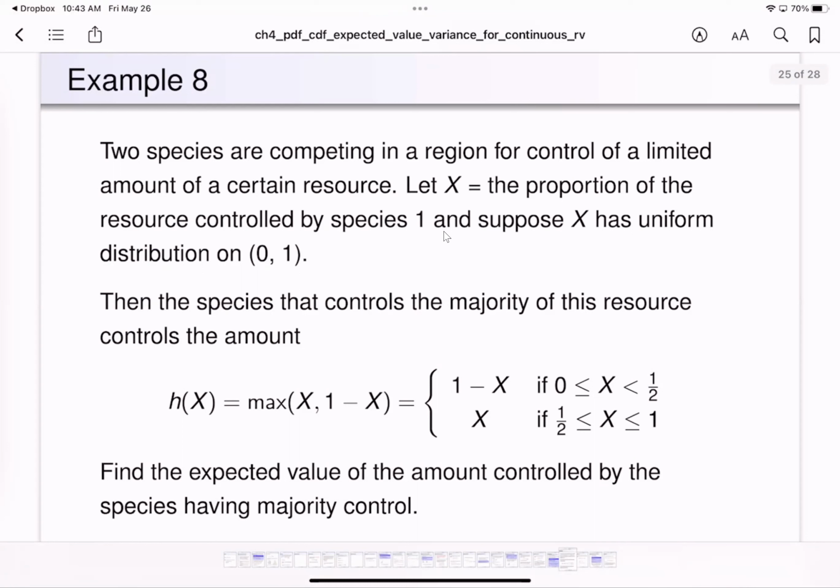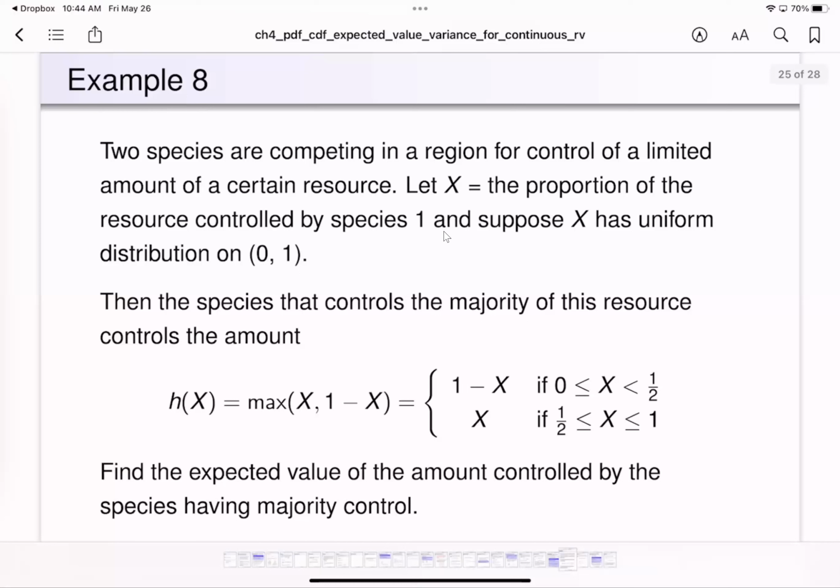If x is between 0 and half, then 1 minus x will be bigger, because that value is going to be between half and 1. On the other hand, if x is between half and 1, then the maximum between the two becomes x. So this is the function.